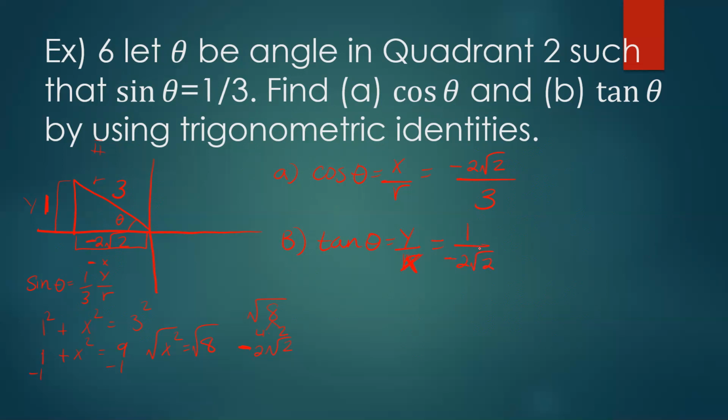So you can't have a radical in the bottom, so you're going to multiply top and bottom by square root of 2. So 1 times radical 2 is radical 2. And then radical 2 times radical 2 is 2. And then you have to times it by negative 2. So your final answer is going to be radical 2 over negative 4. Okay, so that is your final answer.